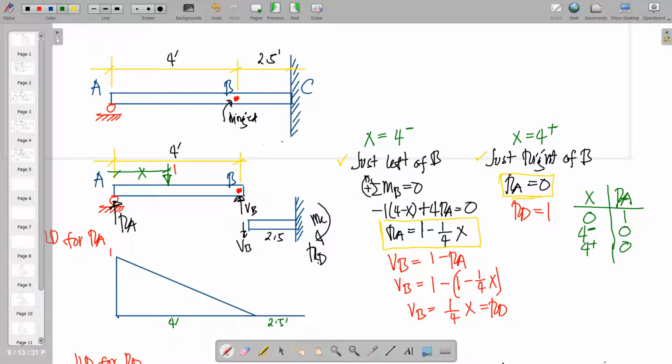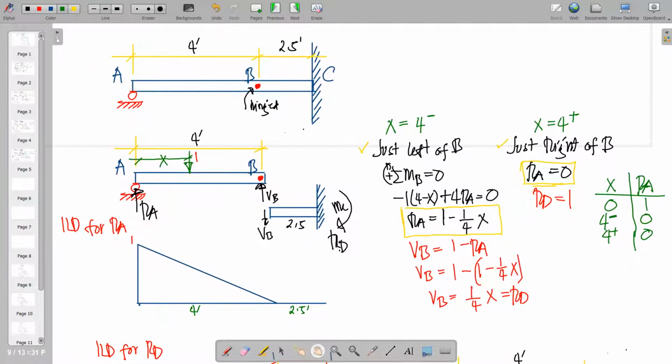That is why our influence line diagram will look like this. From 1, it will have a 0 value at exactly 4, and onwards it will have 0 value at that portion.